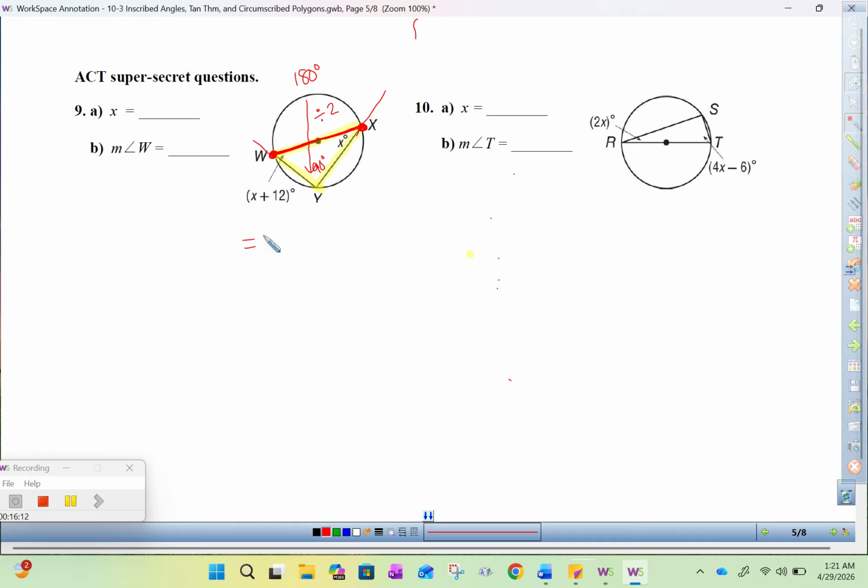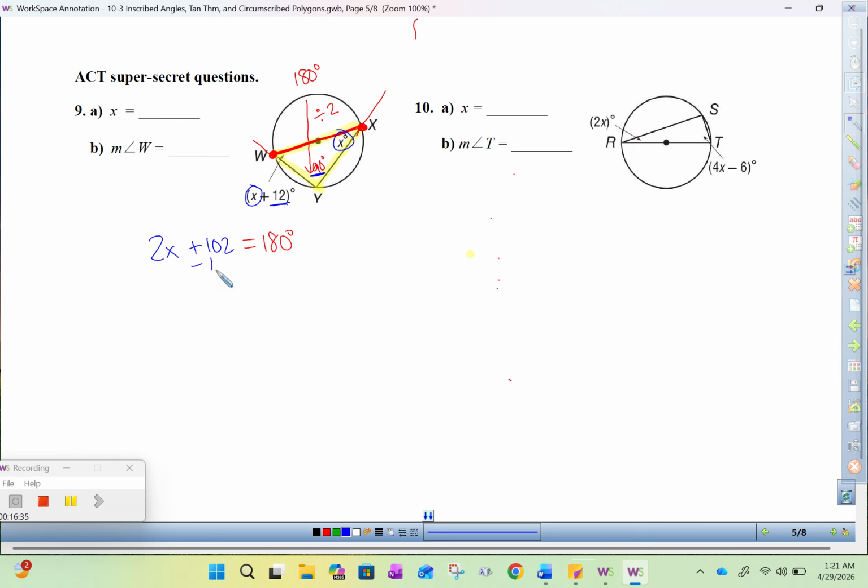We know that we need to equal the angles to 180 degrees, and then we're going to add up all the pieces. So I've got an x here and an x here, making 2x. And then I've got this 90 degrees I just found, and then it looks like a plus 12 here, for 102. From there, it's a regular equation we can solve.